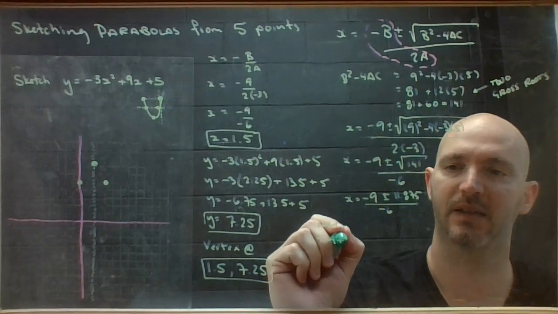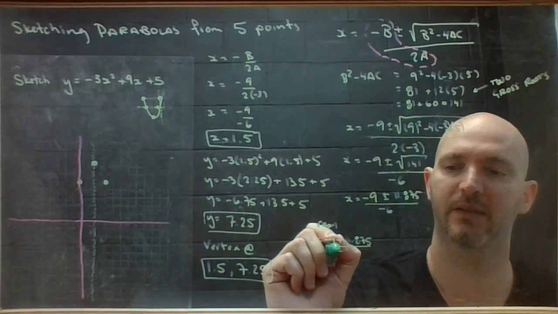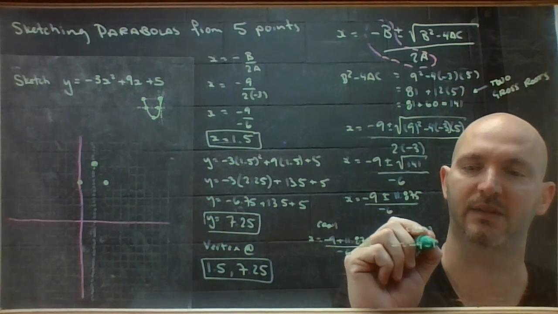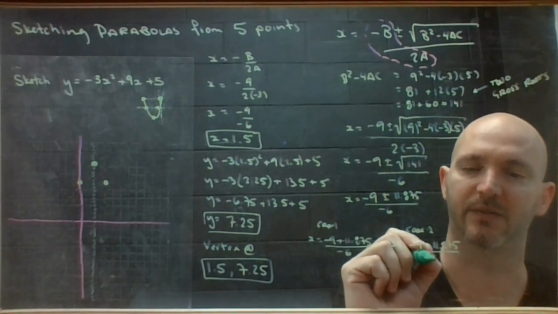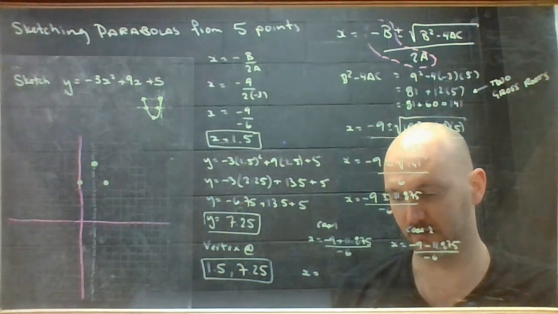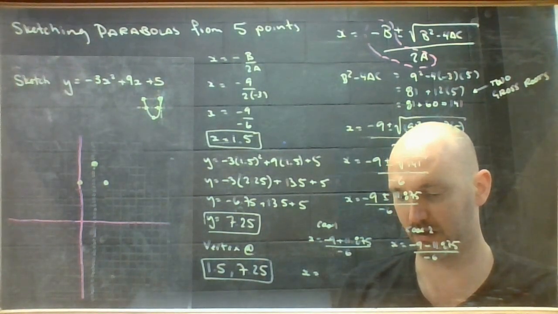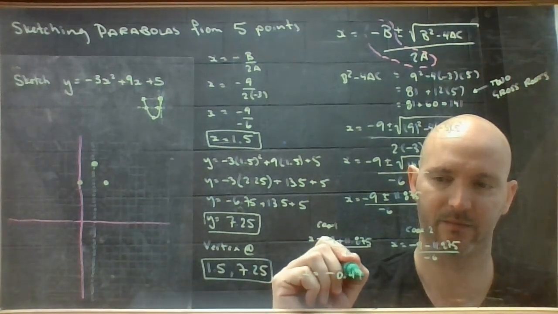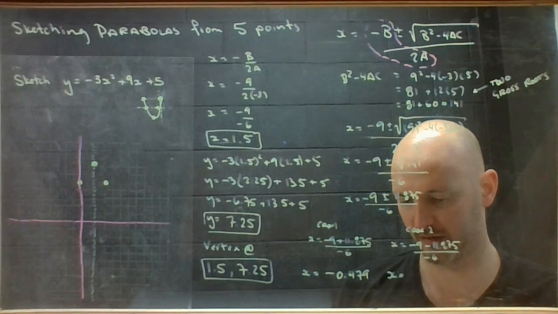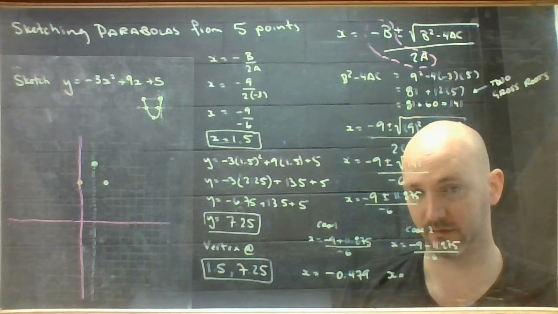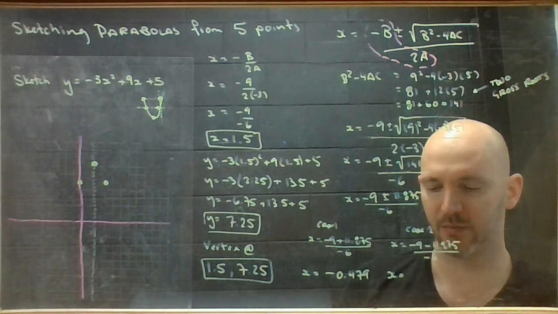X is -9 plus 11.875 over -6, or case 2, X is -9 subtract 11.875 over -6. That gives me -0.479 and 3.479.